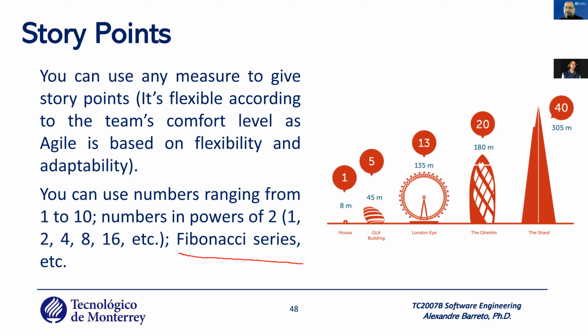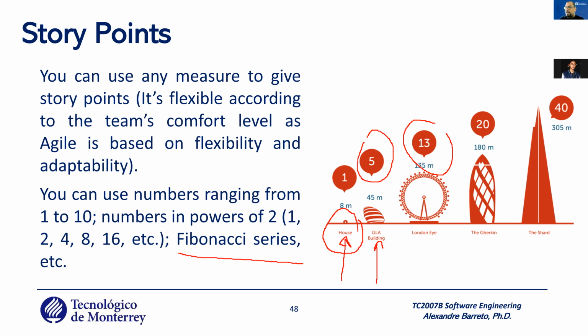Because when you compare, for example, how much effort you need to build a house, and to develop a building, is it double? No, it's much more. How much more? 5 times. Yes, it's a good estimate. 13 times. Oh, it's good.